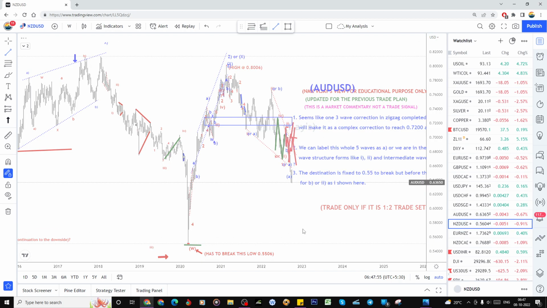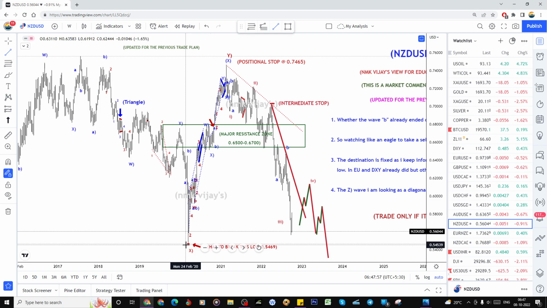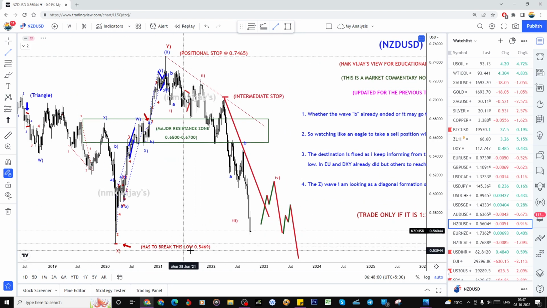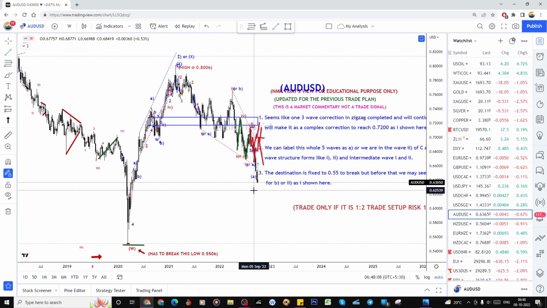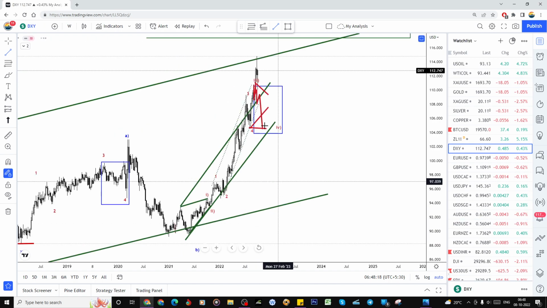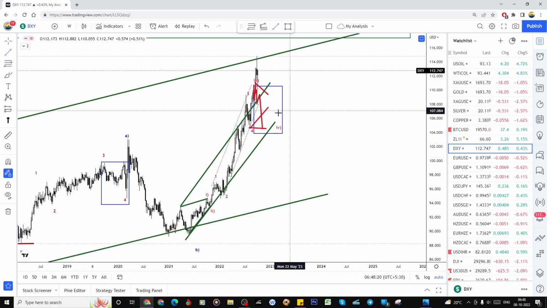In the New Zealand dollar, it's only 200 pips away from my positional target. I don't know what will happen in the Australian dollar, but it will reach this one. So at that time, maybe after the corrections here in the DXY, a little bit of corrections here.